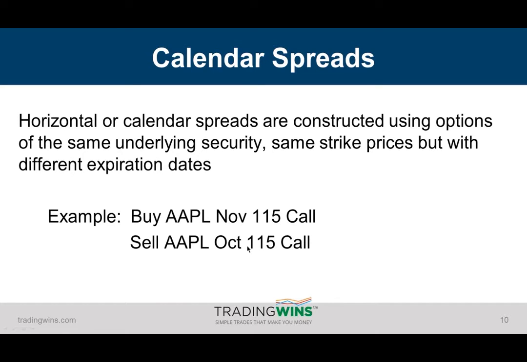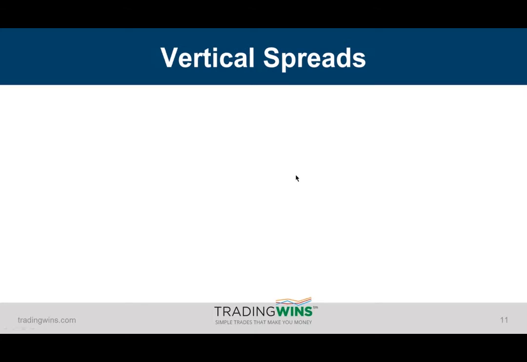Again, the reason is to collect a bit more premium. If we do expect Apple to move higher, but we don't expect it to do so immediately, then this is a good way to collect some premium, have your near-term call expire worthless, collect that premium, which will offset most of the cost of your longer-term call, and then hold that call for that run-up in Apple. Okay, it'll make a lot more sense when we get to our live charts.